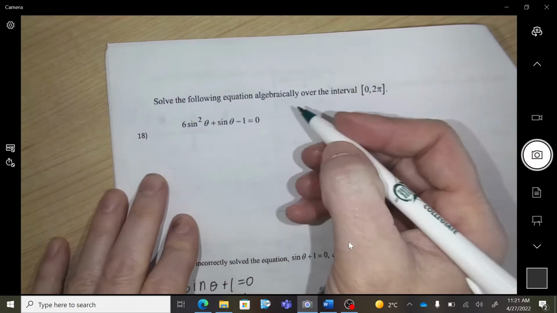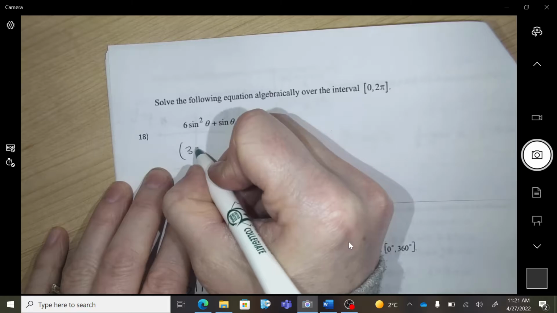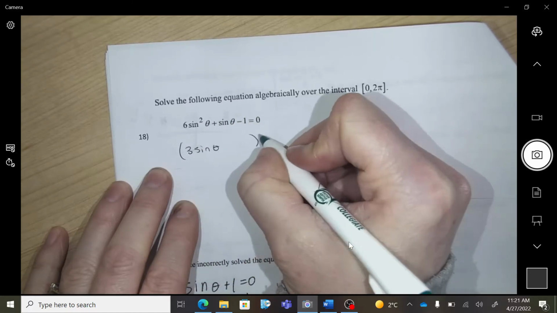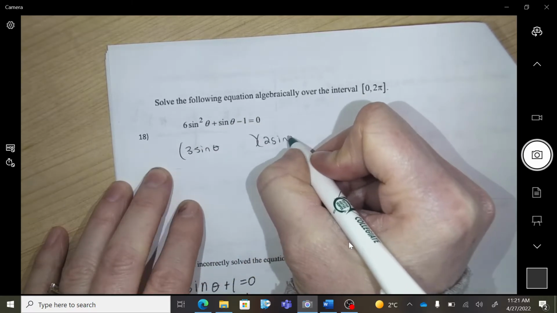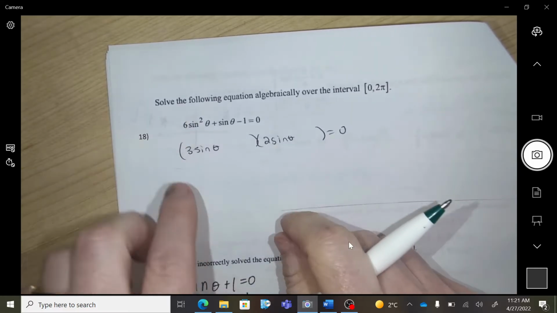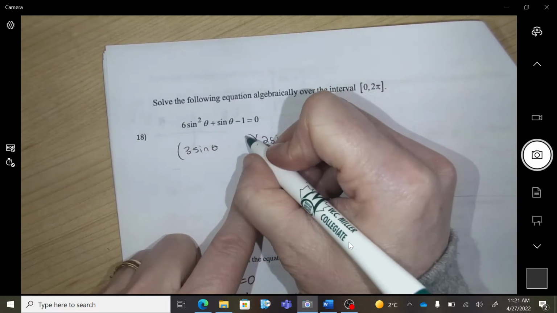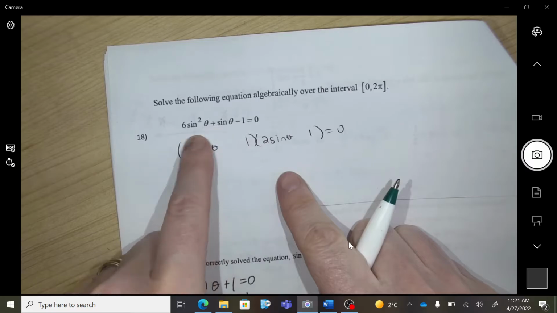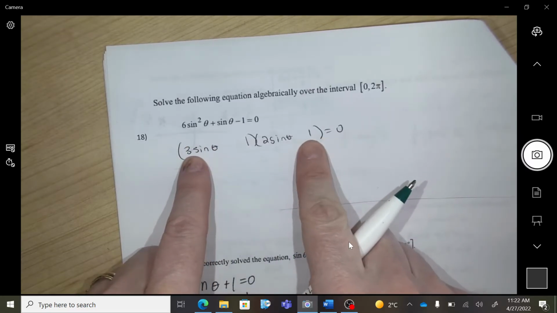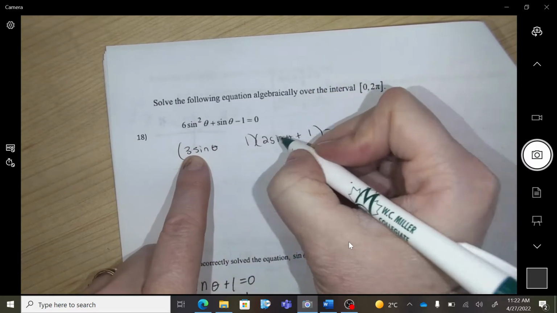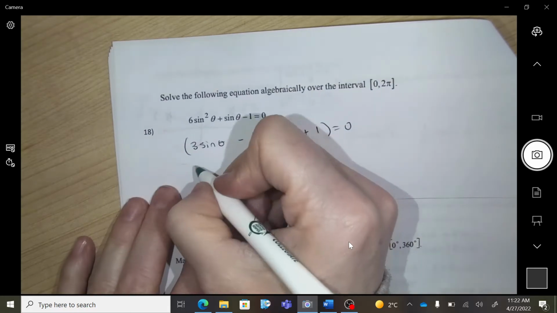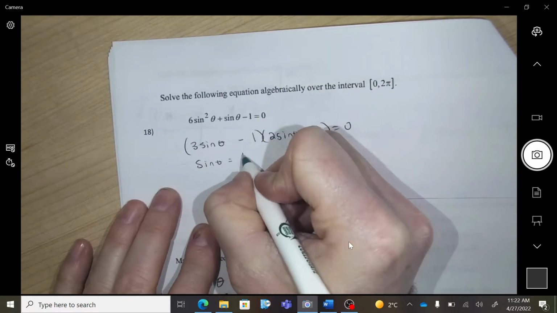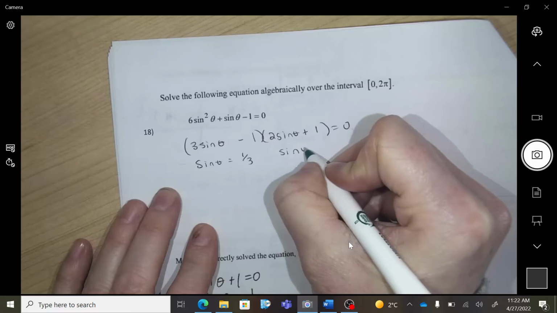Okay, solve. Let's see if this factors. So 3 sine angle, 2 sine angle. That gets me my 6 squared, and 1 times 1. I need a plus 1, so if I do this outside with a plus 3 and a minus 2, so sine angle equals 1/3 or -1/2.